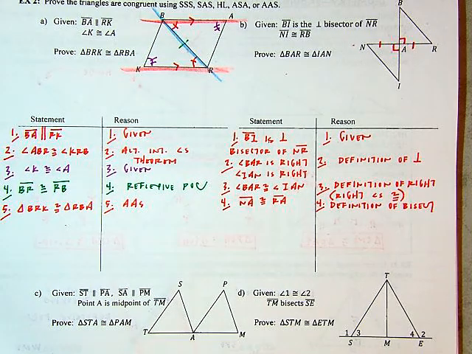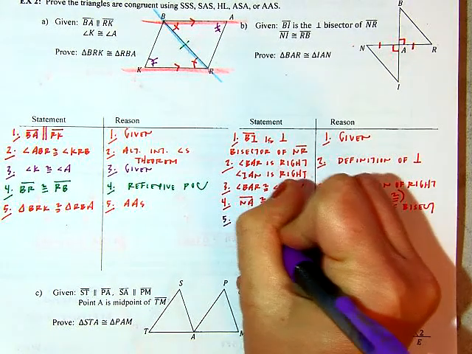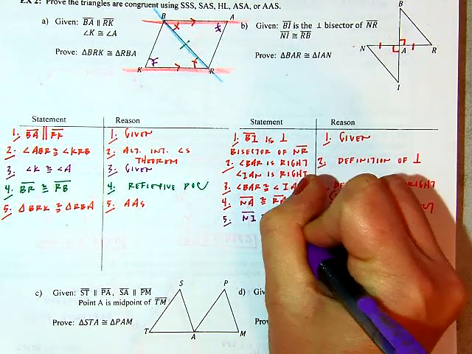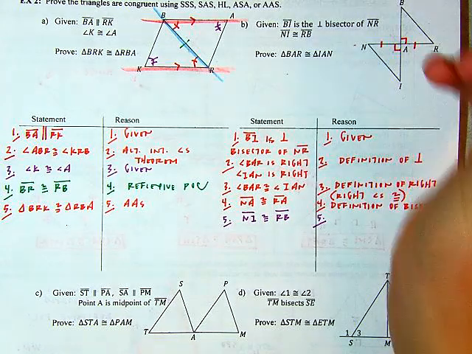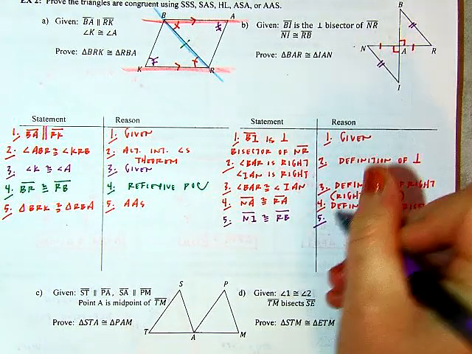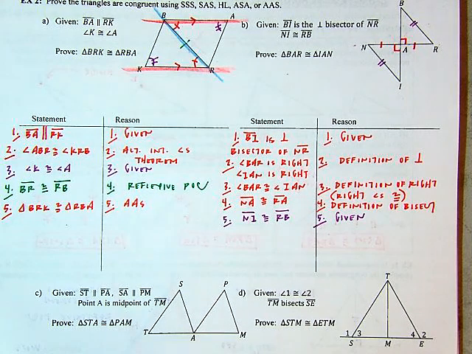And now I'm stuck. So now I'm going to look at my other given, where NI is congruent to RB. Okay, so if I mark that now, NI and RB, double tick mark, that was given to me. Now I see that this is HL.